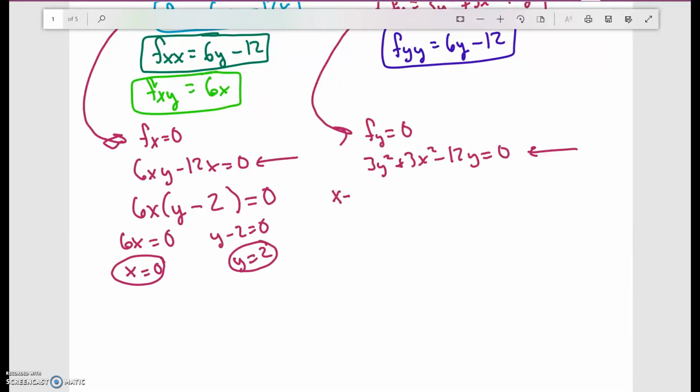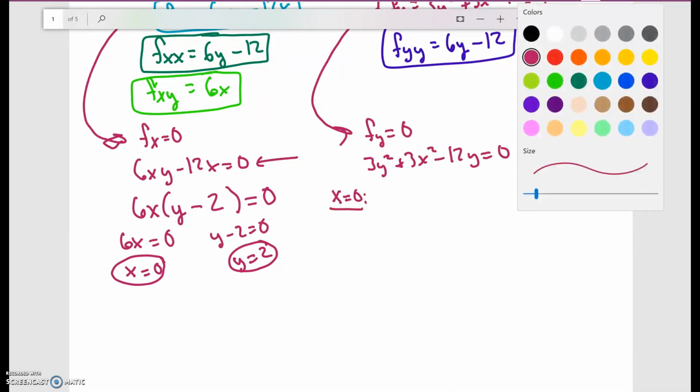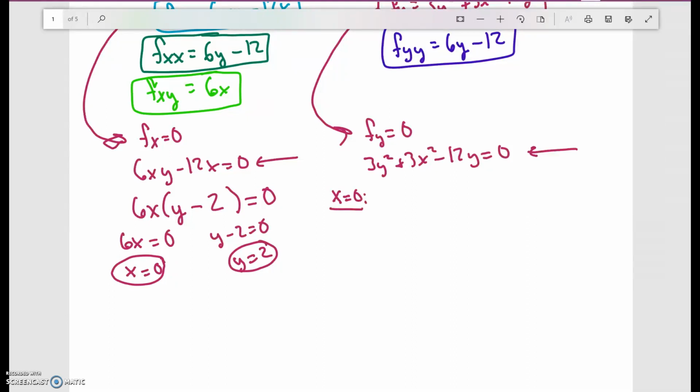So when x is equal to 0, let's go ahead and solve what my y value is. So I'm going to plug in 0 into this equation. So I'm going to have 3y squared plus 3 times 0 squared minus 12y equals 0. So this thing is just going to go away.